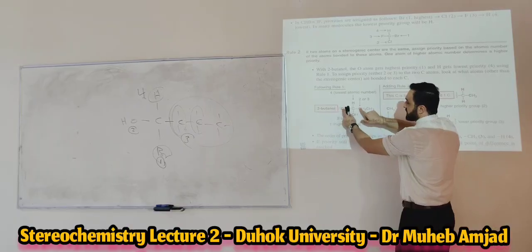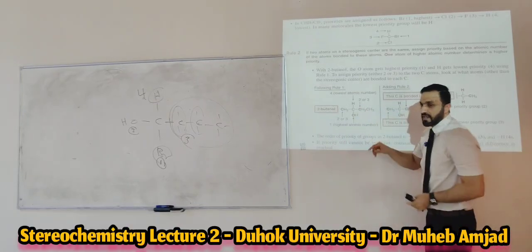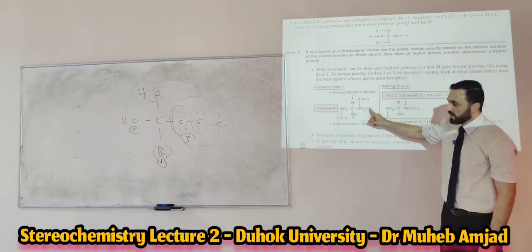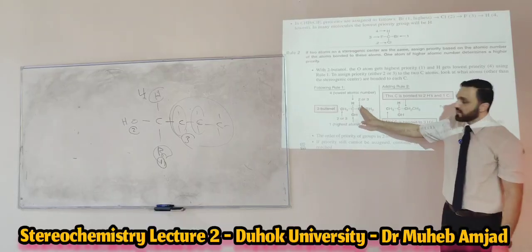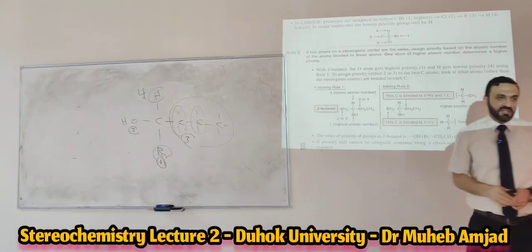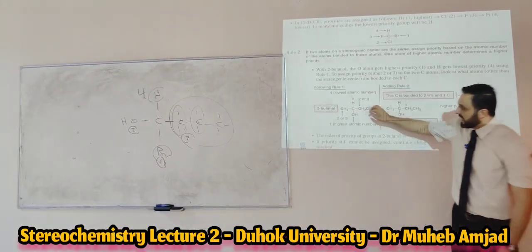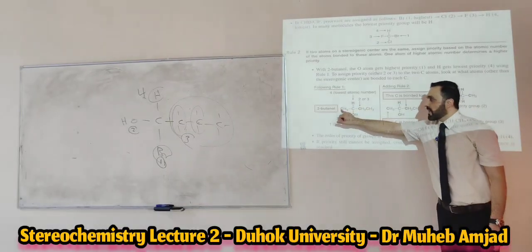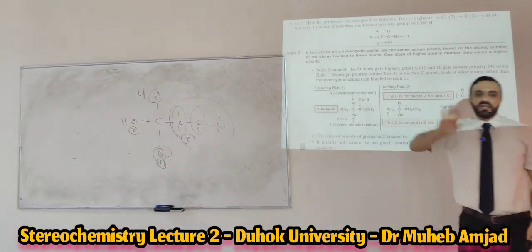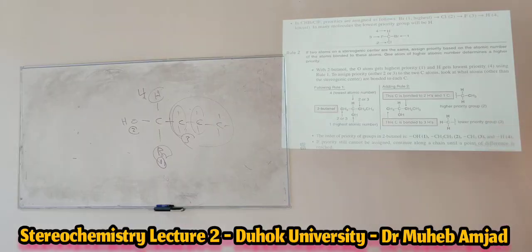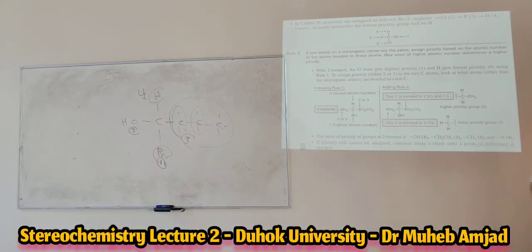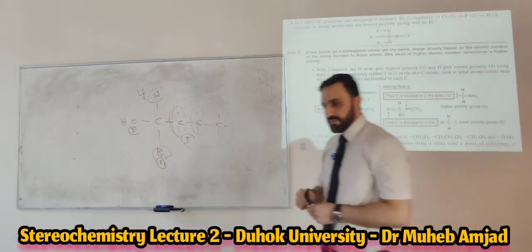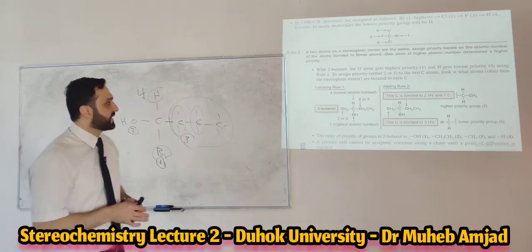This carbon is bonded to hydrogen, and this carbon is bonded to carbon. This one will take number 2 and this one number 3. This group has the higher priority because the carbon is bonded to carbon, but here the carbon is bonded to hydrogen, so it has the lowest priority. Clear? Okay.